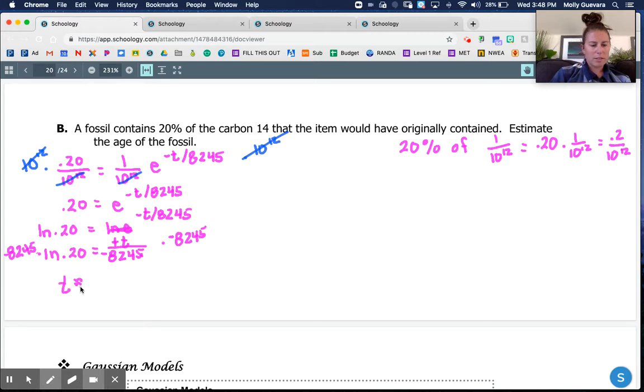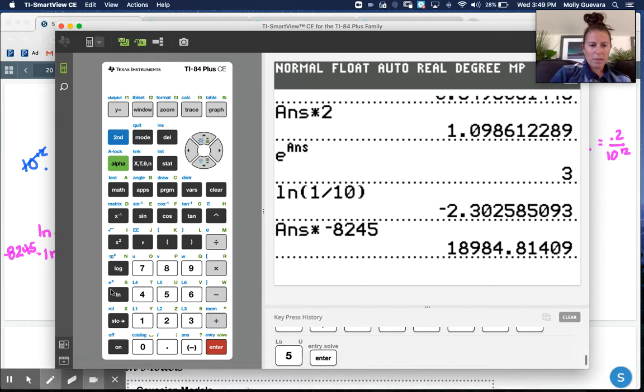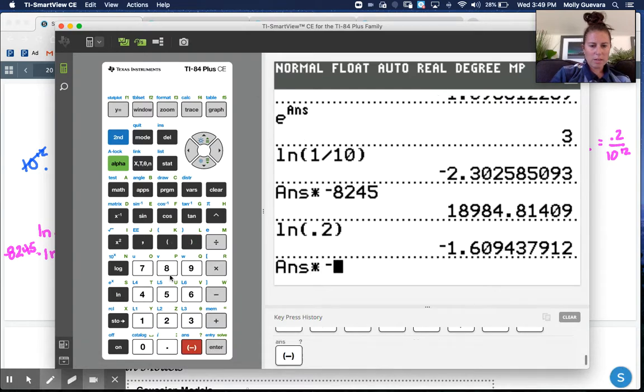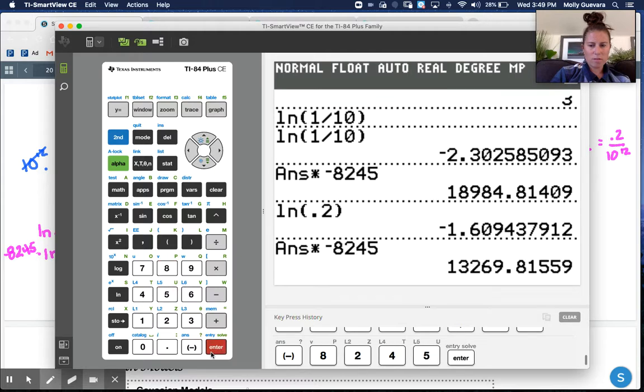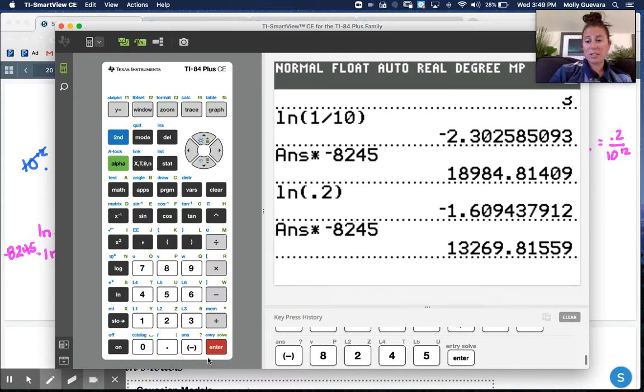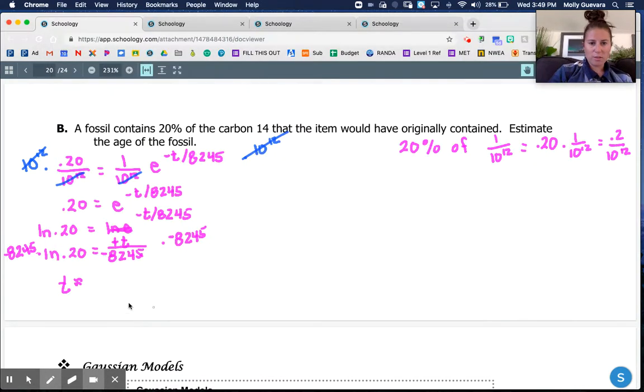I have the natural log of 0.2 times negative 8,245, and I get about 13,269.816 years. So this fossil is about 13,269.816 years old.